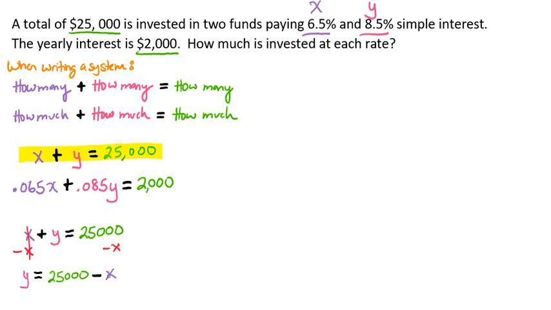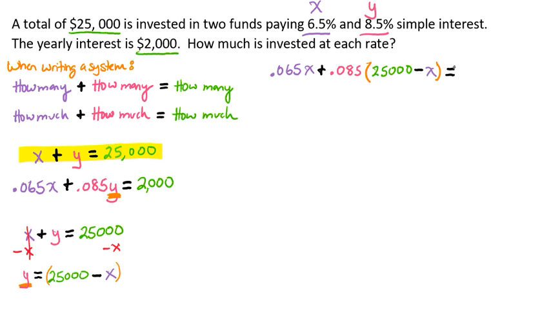Now we're going to take that and plug it in for our y into our second equation. So we have 0.065x plus 0.085, and we take the y out and put the 25,000 minus x into that spot, because we just said that's the same thing as y.